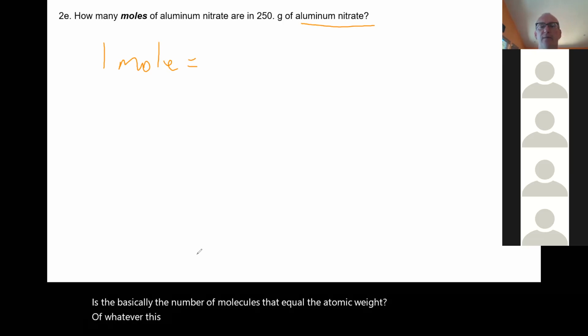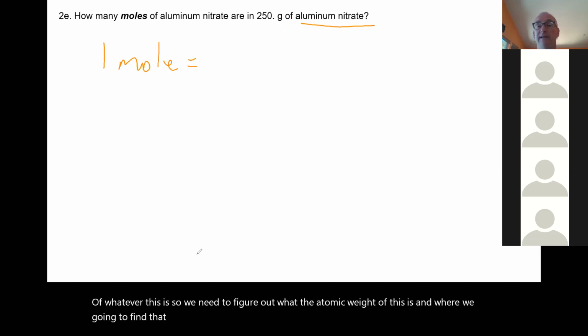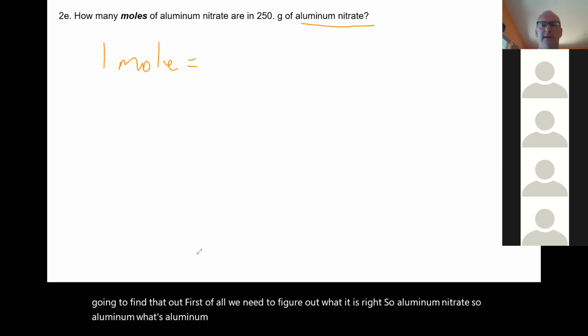So we need to figure out what the atomic weight of this is. And where are we going to find that out? First of all, we need to figure out what it is, right? So aluminum nitrate. So aluminum, what's the symbol for aluminum?